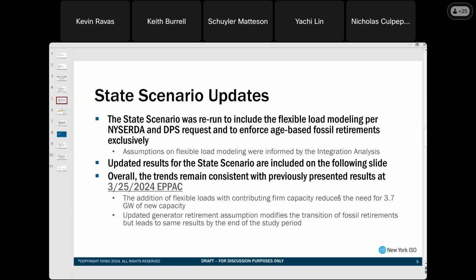What that does is it essentially reduces the need for 3.7 gigawatts of new built capacity. So it's like a trade between load flexibility and resources that are required. And then finally, I mentioned the updated generator retirement assumption. What that does is it modifies the transition of fossil retirements, but the ending result is the same.